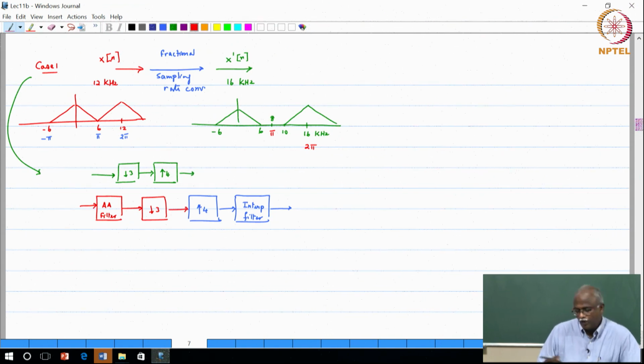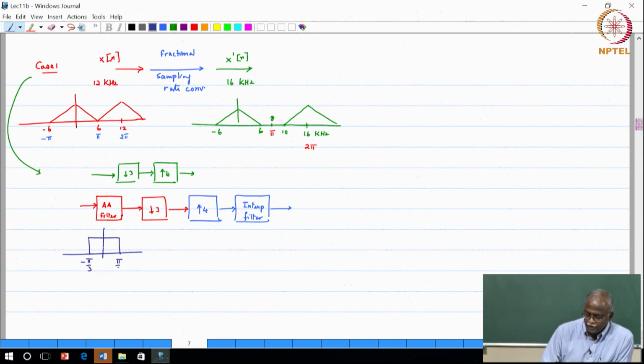I would like to see what happens to our input spectrum. First of all, if I want to downsample by a factor of 3, then the anti-aliasing filter is already specified. The anti-aliasing filter will go from minus pi by 3 to pi by 3.